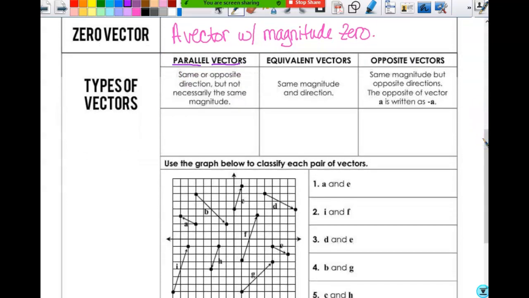These have the same or opposite direction, but not necessarily the same magnitude. So I could have a vector that looks like this and like this. We'll call them A and B. So these are not going in the same direction, but they could, and they're clearly not the same magnitude. So I can say vector A is parallel to vector B.